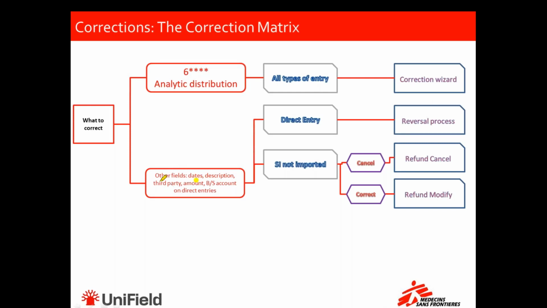You have to define what kind of entry you want to correct. Do you want to correct a direct entry or a supplier invoice? We will see afterward the supplier invoice paid and the direct invoice.